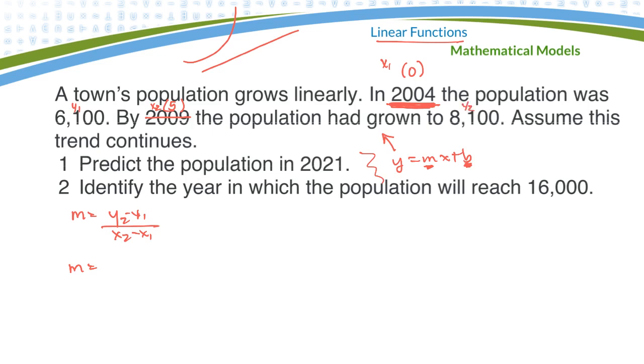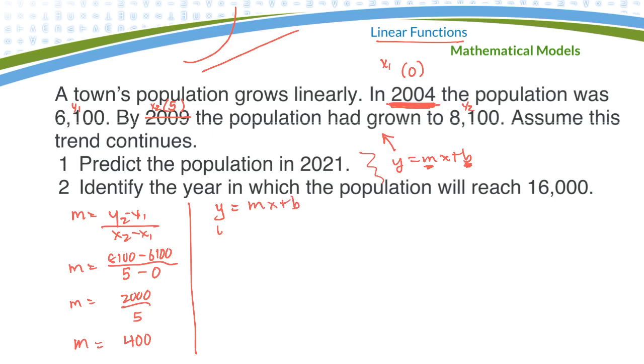So y2 is 8,100 minus y1, 6,100, over x2, which is 5, minus x1, 0. So the slope is 2,000 over 5, and if you divide that, I think you get 400. So, to write my equation, it's y equals mx plus b.